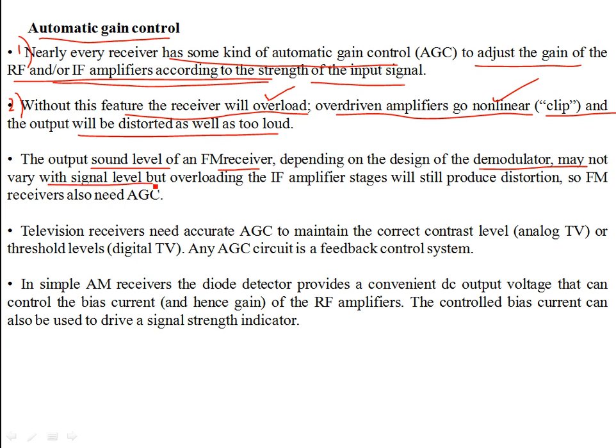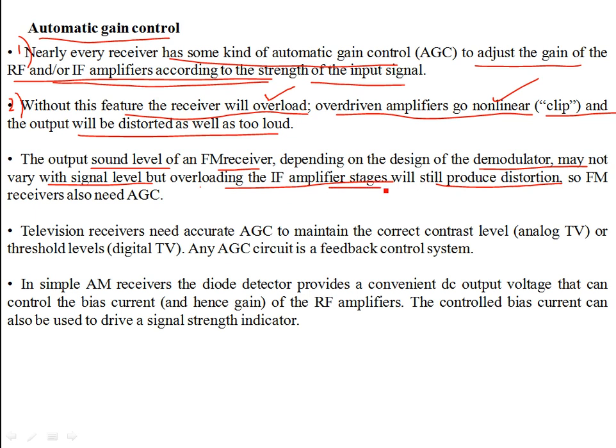So the output sound level, even for an FM receiver, depending on the design of the demodulator, may not vary with the signal level. Because why? Because in FM you are encoding the information in the frequency of the signal. So there might not be variation with the signal level, but overloading of the IF amplifier stages will still produce distortion. If you recall, in an FM demodulator, if you're using a band pass filter, that actually converts the FM to an AM signal for detection.